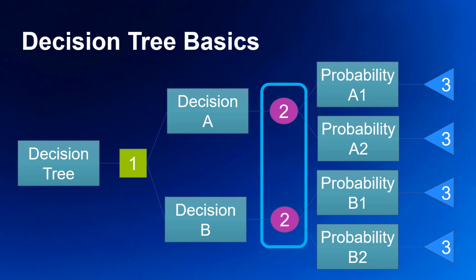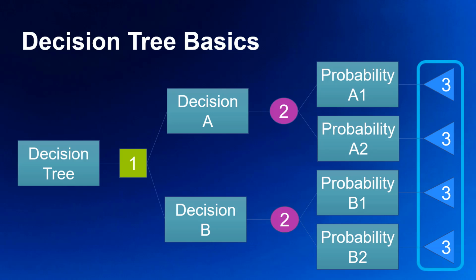A chance node identifies an event in a decision tree where a degree of uncertainty exists. A chance node should have at least two possible outcomes. Third, we have end nodes at the very right-hand side, represented by triangles. They are blue here in our example. In a decision tree, an endpoint is drawn as a small triangle with one apex connected to the branch.